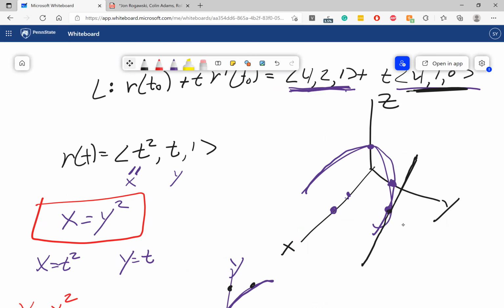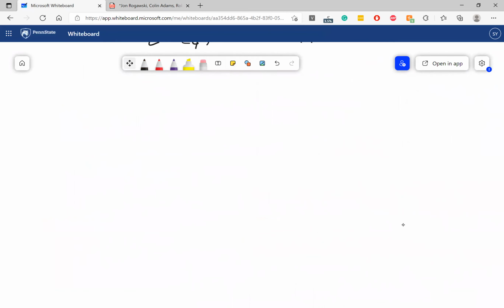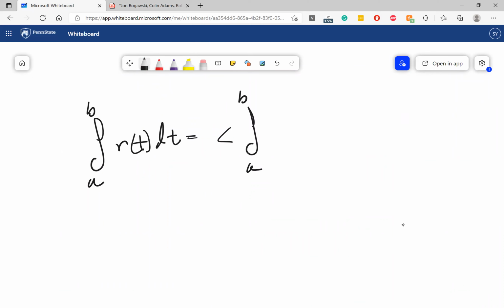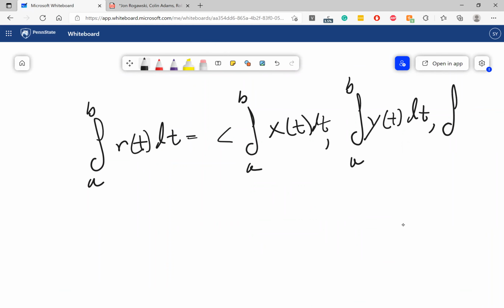That looks something like the integral from a to b of r of t dt is equal to the integral from a to b of the x component, and then the integral of the y component, and then the integral of z component.